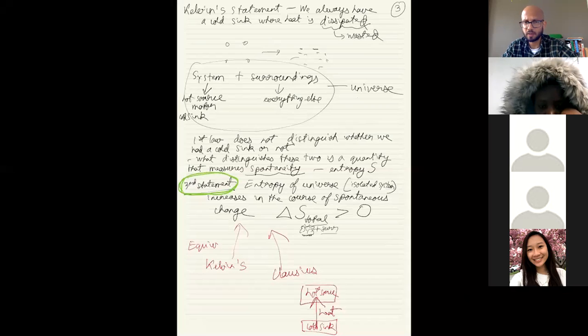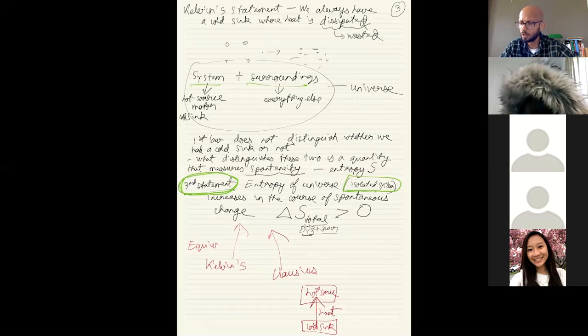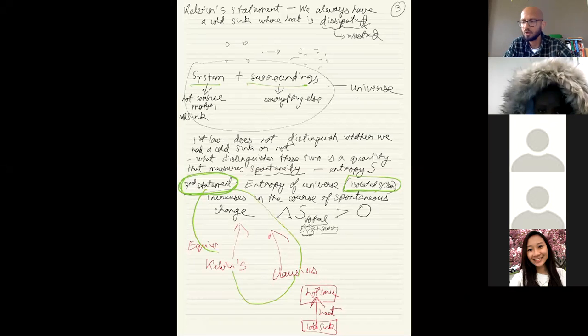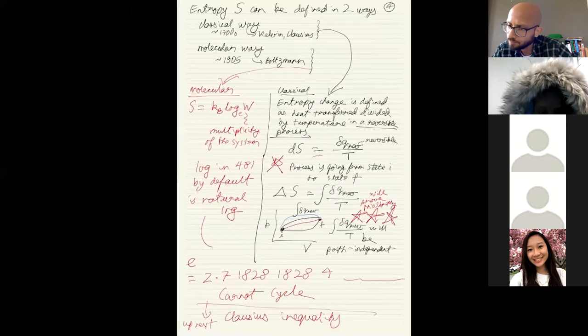We introduce the second law of thermodynamics in a third form. This third statement says that the entropy of the universe, the entropy of an isolated system, that is system plus surroundings, must be increasing in the course of a spontaneous change. And we then showed that Kelvin is the same as Clausius, which is the same as this third statement. All 3 things are the same.